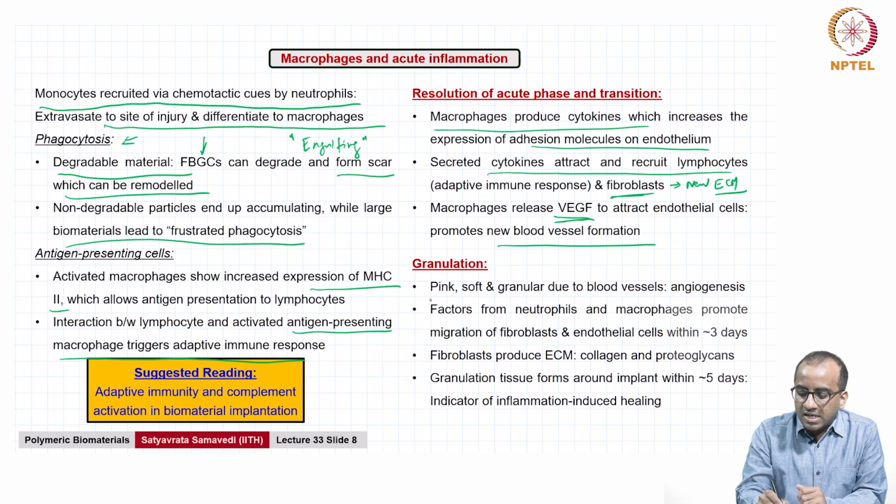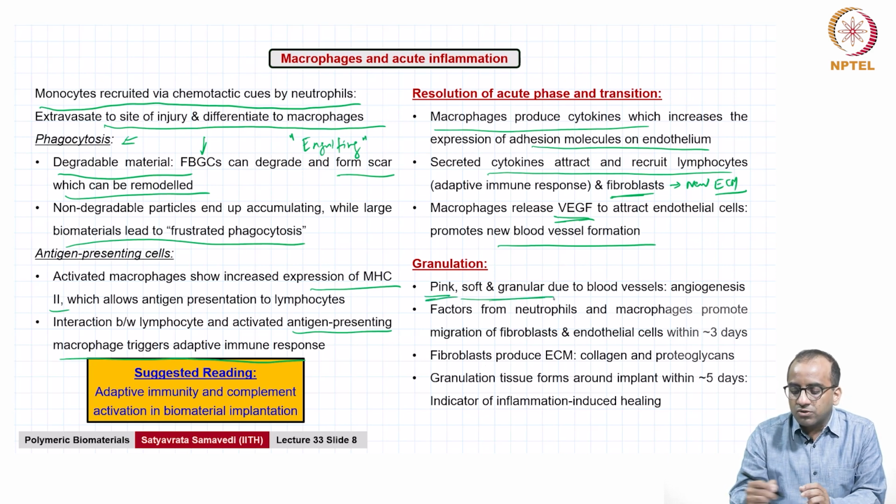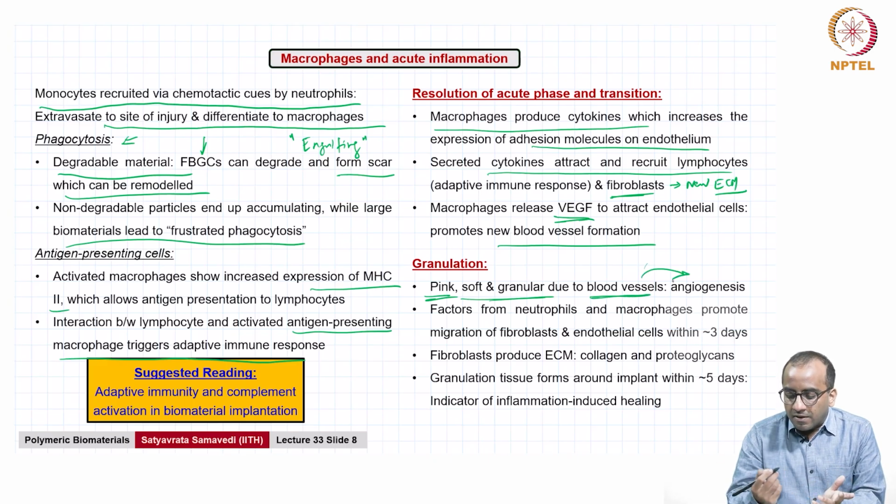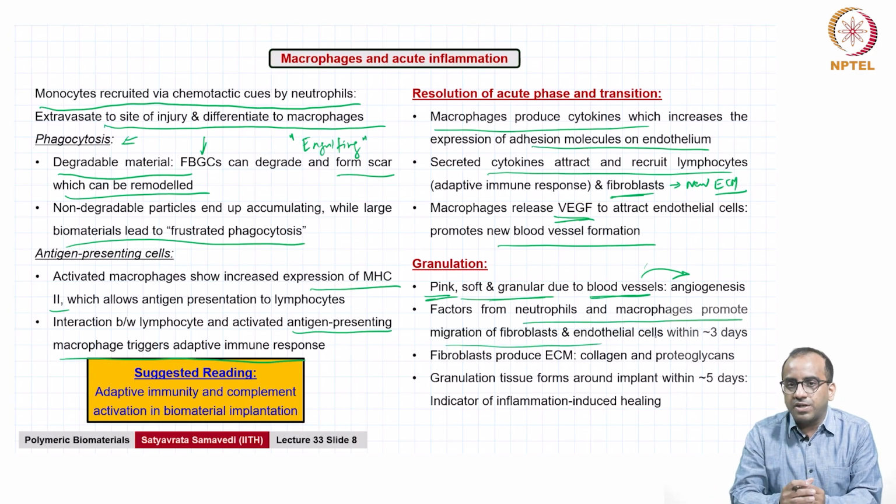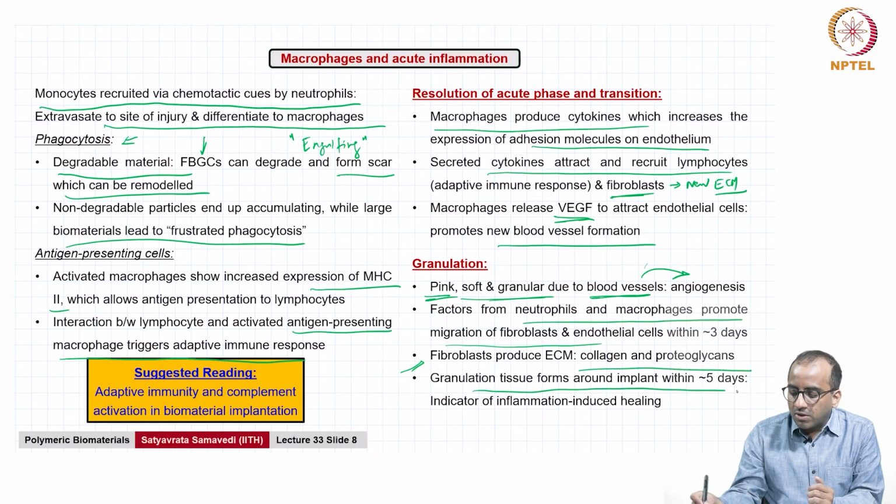So, this is essentially characterized by pink, soft and granular tissue due to the presence of blood vessels that promote angiogenesis. And typically, factors from neutrophils and macrophages will start promoting migration of fibroblasts and endothelial cells within 3 to 5 days, right? And these fibroblasts will start to produce extracellular matrix, essentially collagen and proteoglycans, and granulation tissue will start to form around the implant within 5 to 7 days.